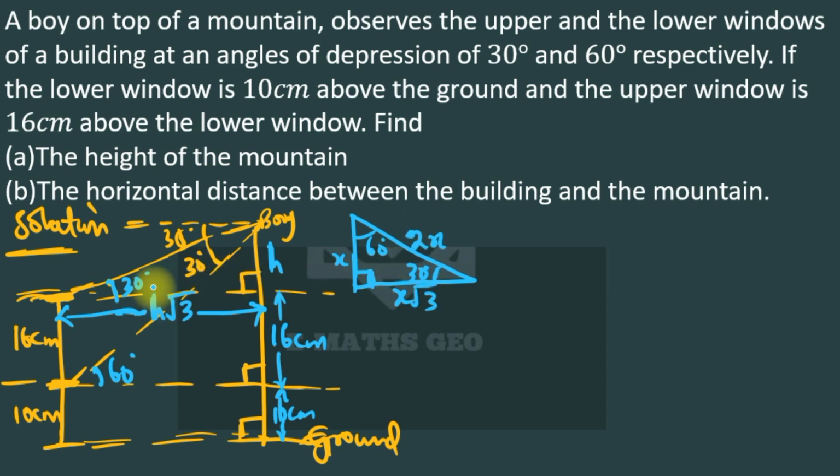So that's why, since here is 30, here the total angle should be 60. So here is also 30. Because here is 60, here is 30, that's why here is H and here is H√3. So if you look at the bigger triangle, that's the second triangle, we now have that the height here, also by observation, is also H√3.